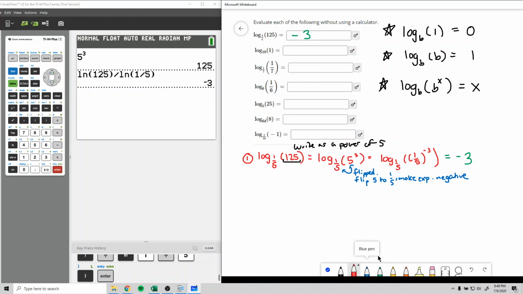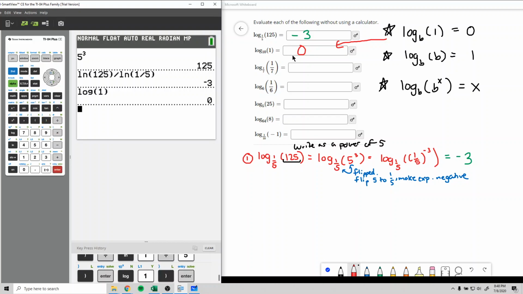All right, so the second one, log base 10 of 1, that's just the first rule. The first rule says no matter what the base is, if the inside is 1, then we get 0. So we'll just draw an arrow. Remember, log base 10 is just log, so log of 1 to check is 0.